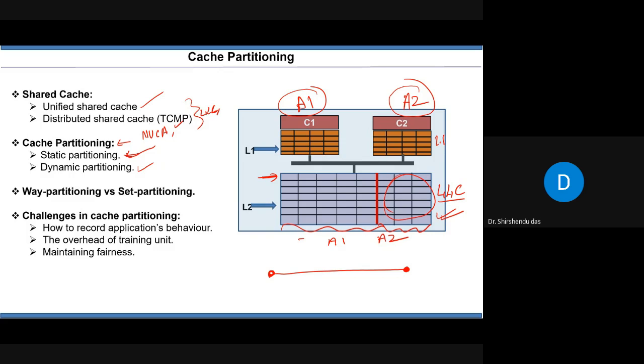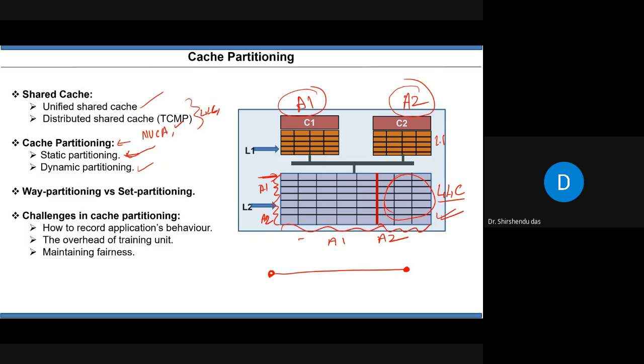Then some recent partitioning is also possible, and set based partitioning means give these sets to A1 and the remaining sets to A2. But you can see there is a difference. If we go for way based partitioning, there is no change in mapping, because according to the set index you can still map a block to a particular set. But if we go for set partitioning, then mapping based on the set index is not correct.